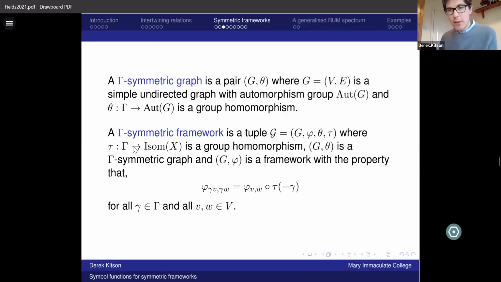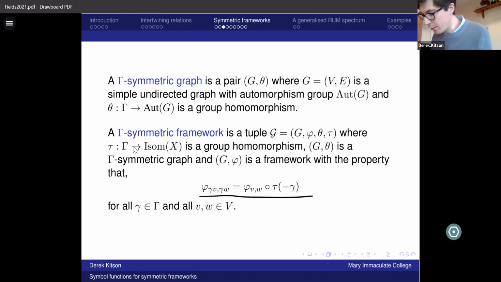Okay, so then we introduce symmetry, and to do that, we introduce our abelian, or it's going to be a discrete abelian group in this context. First of all, this is the usual approach if you've worked in this before. We have a gamma symmetric graph, and then we have a gamma symmetric framework. So we have a group action in both cases, and importantly, we have this special link between the constraints.